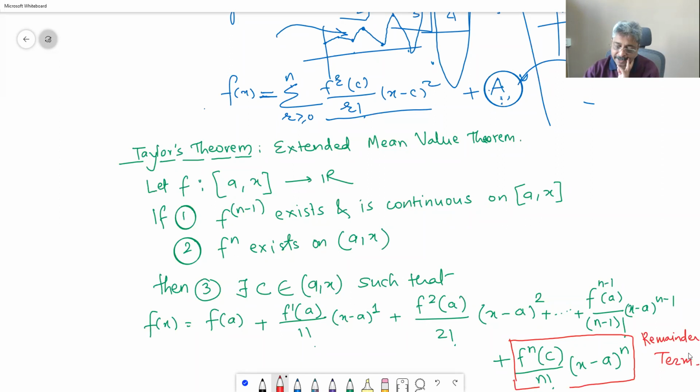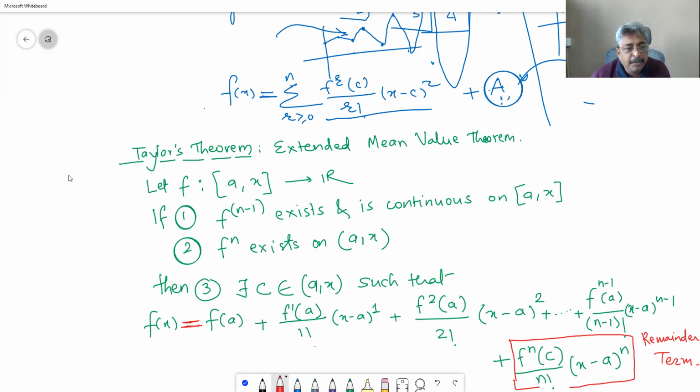Okay, so Taylor says that this is your remainder term, and if you take the limit as n tends to infinity of this term, and if it is convergent, if it is tending to 0, then yes, this series expansion is legal. And let me just highlight this equality. This is equal to and not approximately equal to. That is the meaning of this theorem.